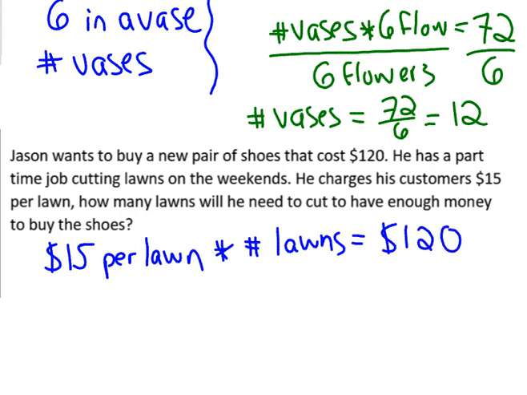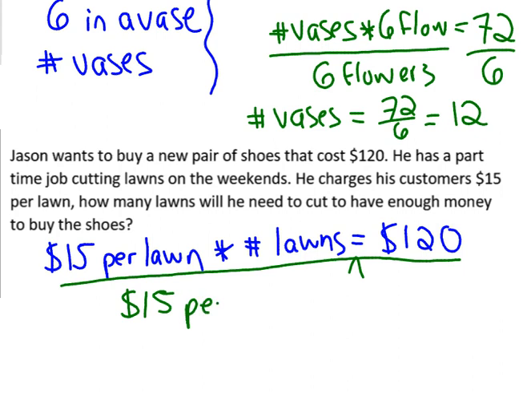So remember, this is like another seesaw problem. We have a seesaw right here. Now, this side of the seesaw is heavy with multiplication. So in order to balance the seesaw out, we're going to divide both sides by $15 per lawn.